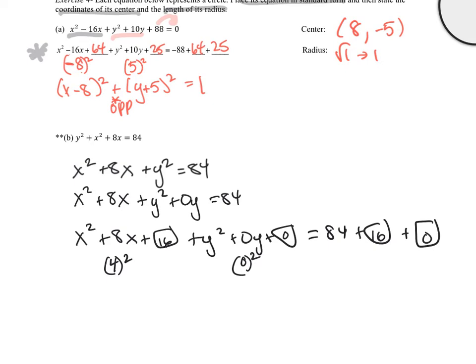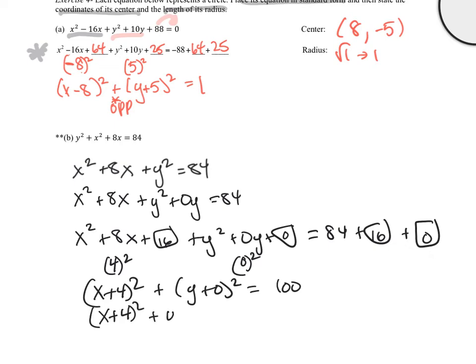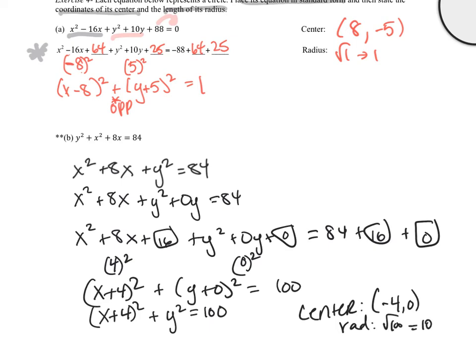So now I have (x + 4) squared plus (y + 0) squared is equal to 100. Now let me just rewrite this because this whole y plus 0 thing can be just written as y squared. So my center is going to be (-4, 0), and my radius is the square root of 100, which is equal to 10.